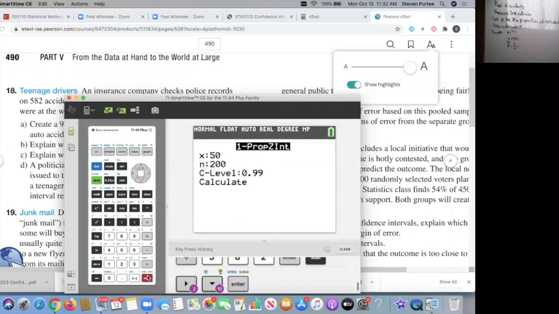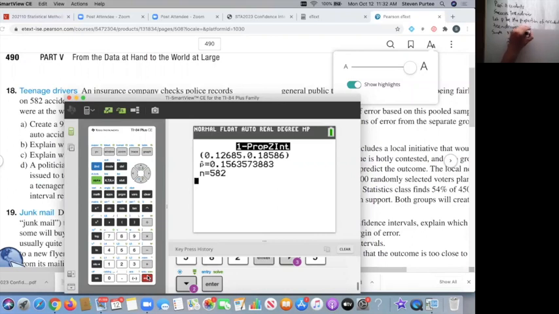And I would just type in our numbers, 91 out of 582. And it asks us for a 95% interval. We hit enter, we're done. That's literally all the math right there. 0.127, I'm going to round to the 3rd place, and 0.186.